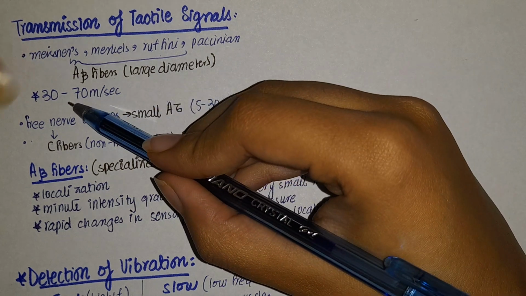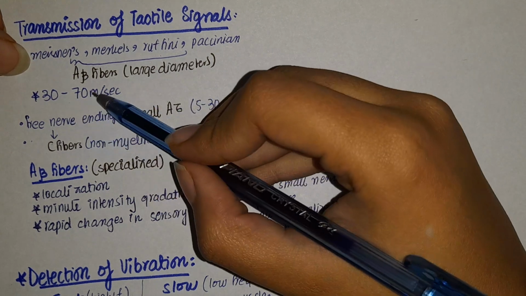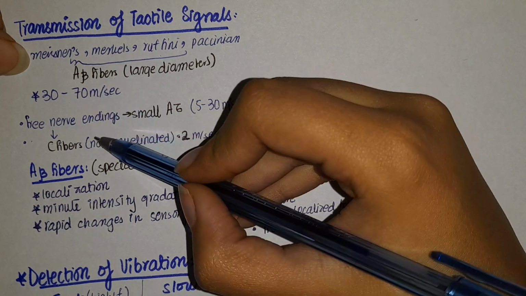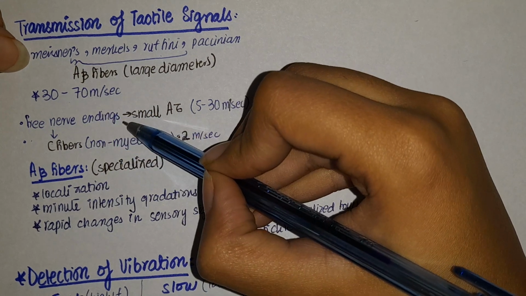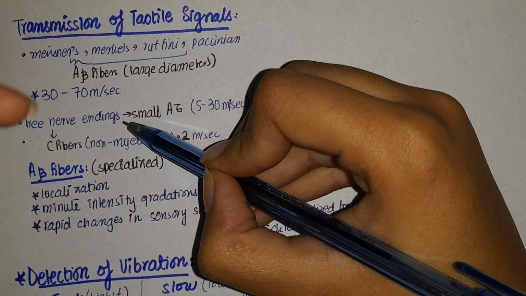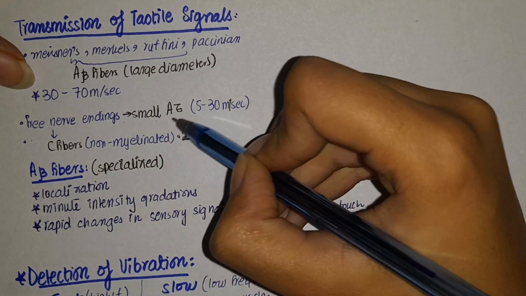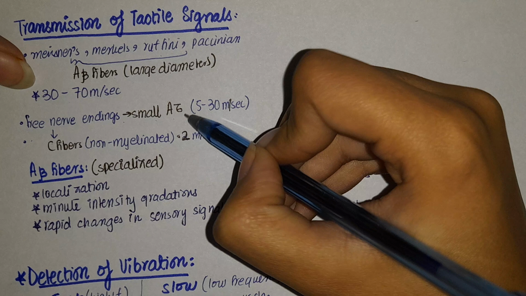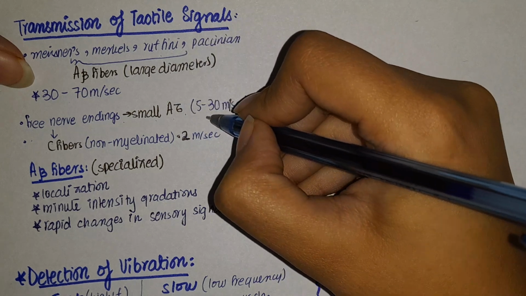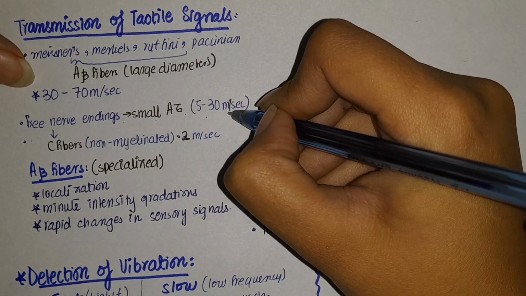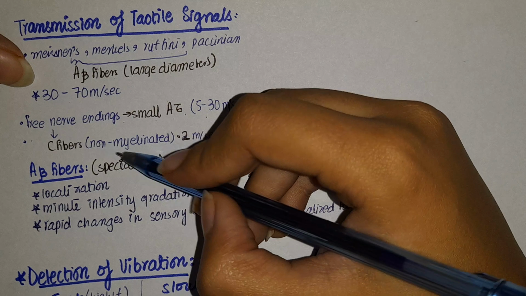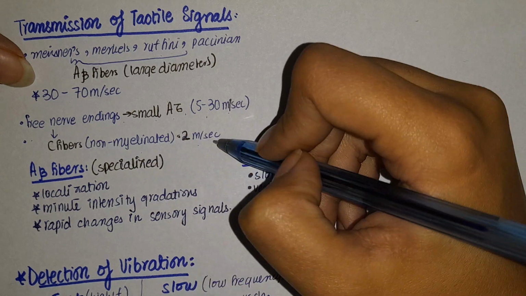The speed of travel is 30 to 70 meters per second, whereas the free nerve endings, which have no encapsulation, are transmitted by small A delta type of fibers, which transmit at 5 to 30 meters per second, or by C type of fibers, which are non-myelinated, which travel at 2 meters per second.